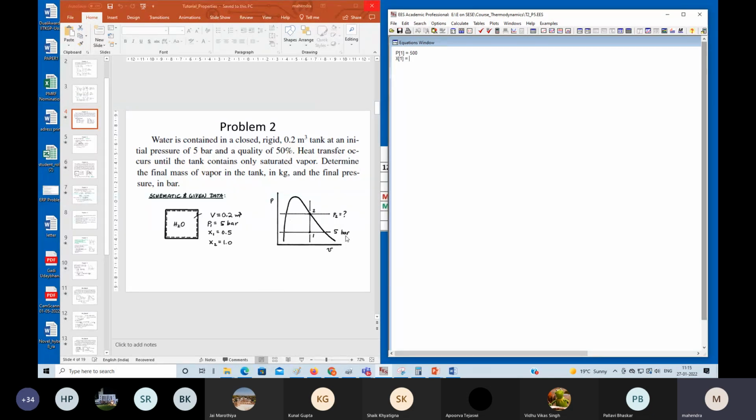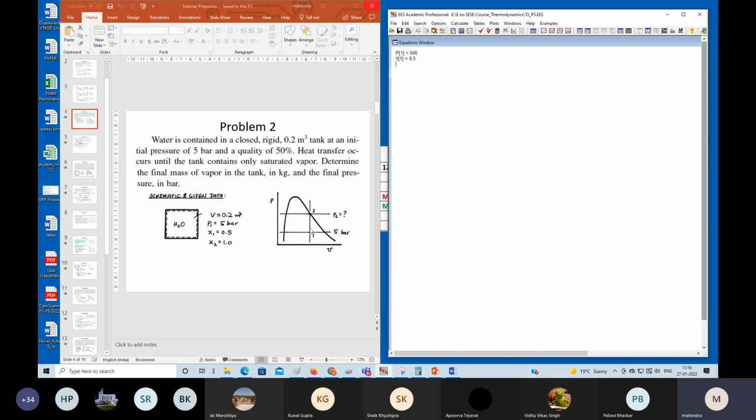Yes, dryness fraction. The 1 here represents the process, that is state 1, and the dryness fraction is 0.5.